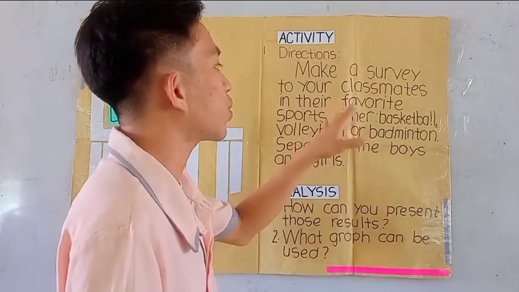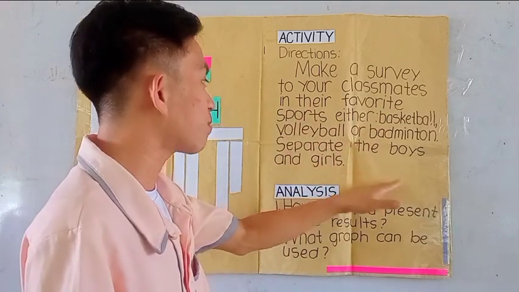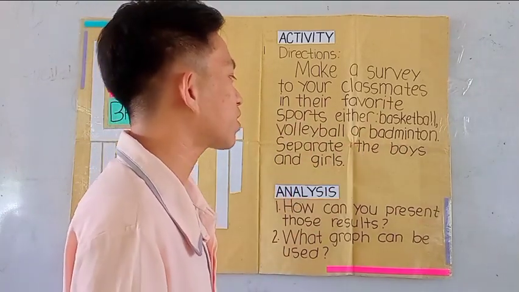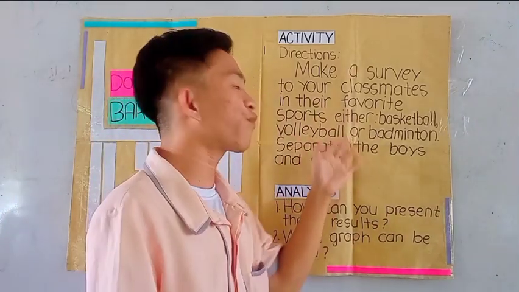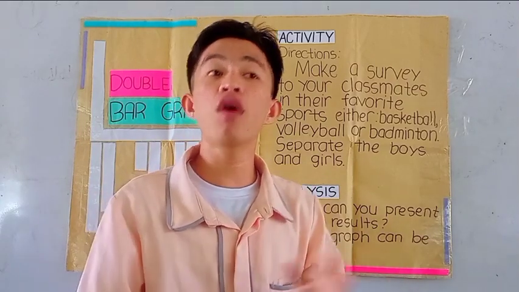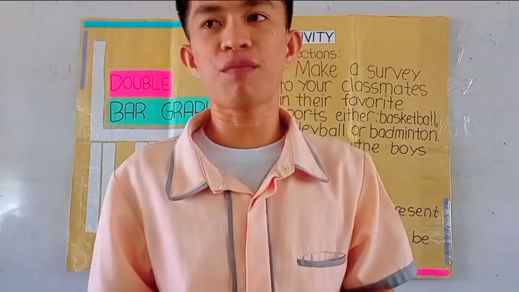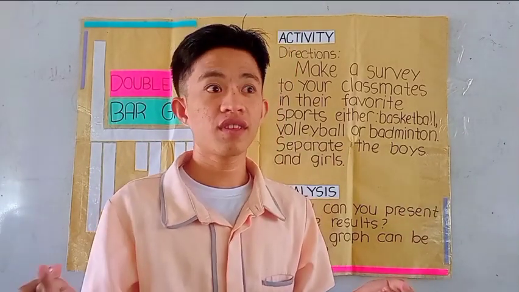Make a survey of your classmates on their favorite sports, either basketball, volleyball, or badminton, and separate the boys and girls. This is based on questions like, who among you likes to play basketball? Okay, lots of you. How about volleyball?